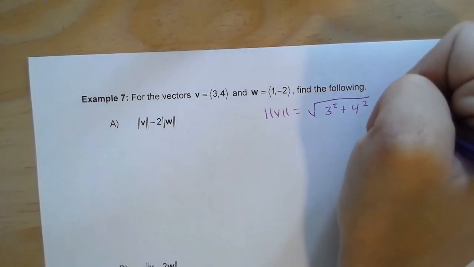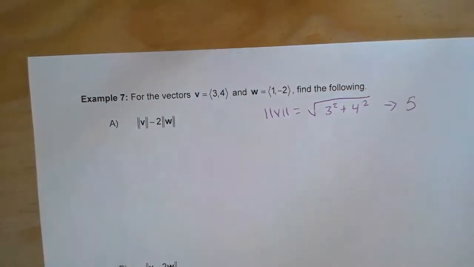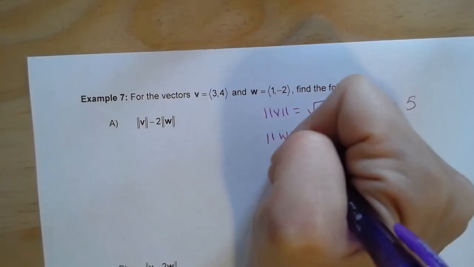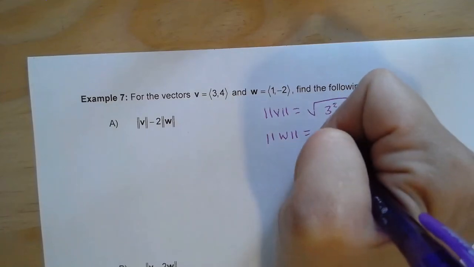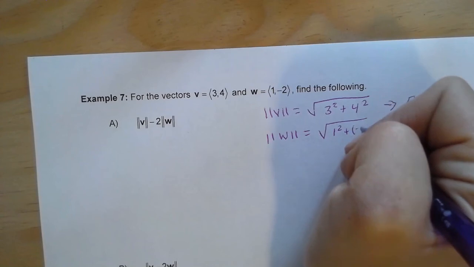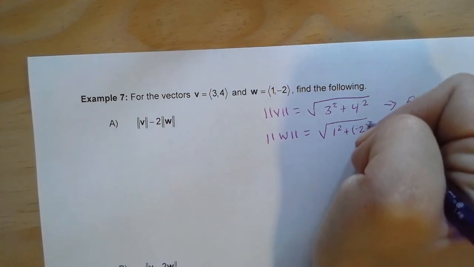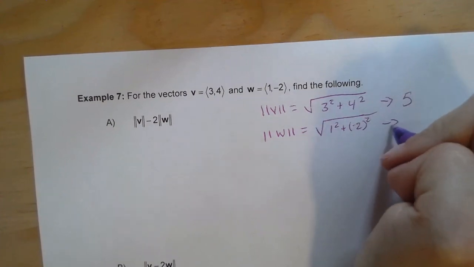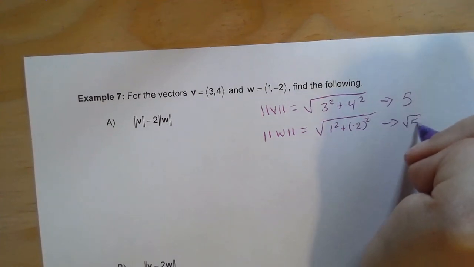We do that math out and we get 5. We have the magnitude of w. We get the square root of 1 squared plus negative 2 squared. If you do that on the calculator, don't forget your parentheses around that negative number. And we get the square root of 5.